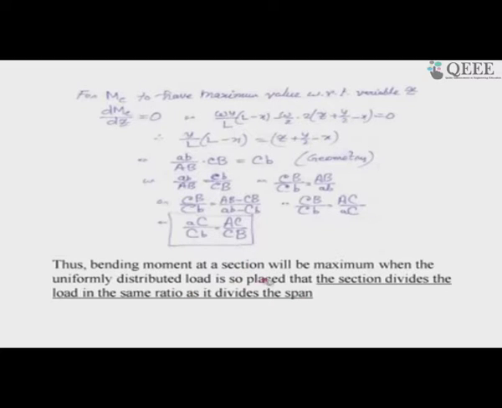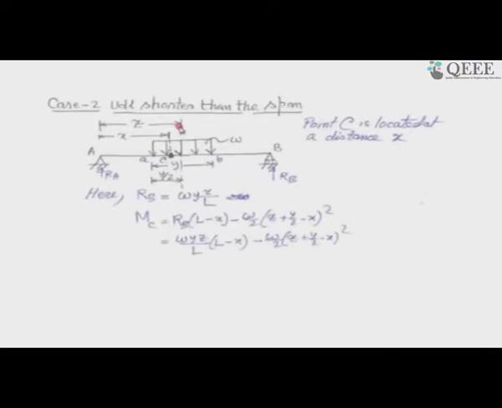You see, the section divides the load in the same ratio as it divides the span. So, from here to here and here to here, the load will divide in the same way.